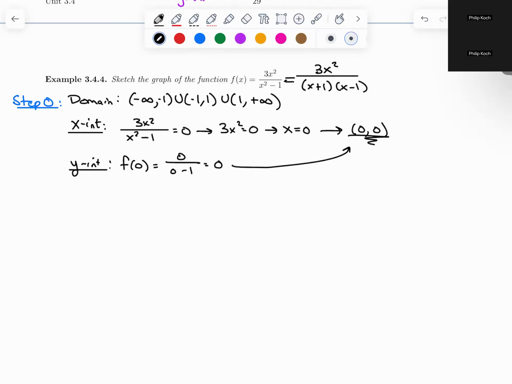Then we've got to look for any other things. Does this function have any other interesting bits of information that you can glean from just the original function? It's a rational function, so whenever we see rational functions, they usually have asymptotes. Does anybody remember how to find the VAs, the vertical asymptotes? Been a while. The vertical asymptotes come from where the denominator equals 0.